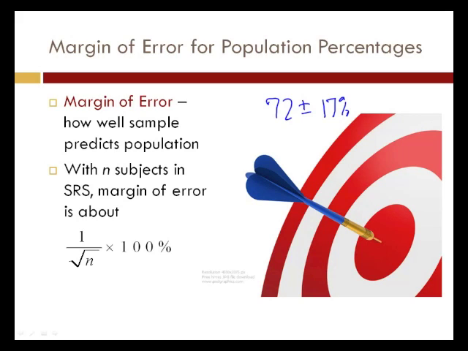No, 55, right? 55 to almost 90, 89, 55 to 89. So that's horrible. Well, I mean, it's not horrible, but say between 55 and 89% of people on base are military or family of military. I mean, that's not very precise at all.